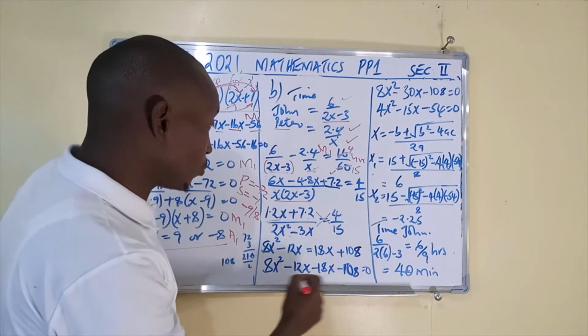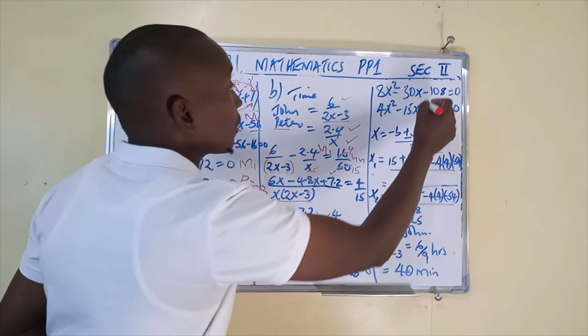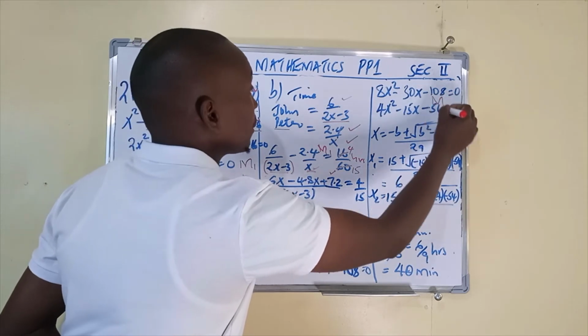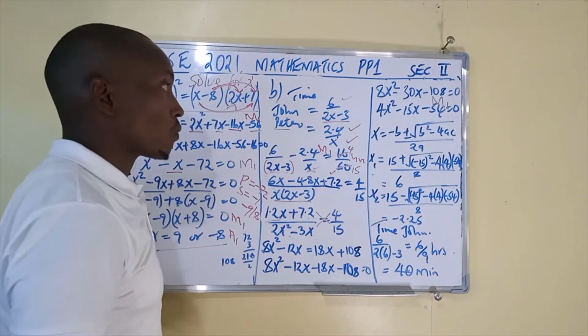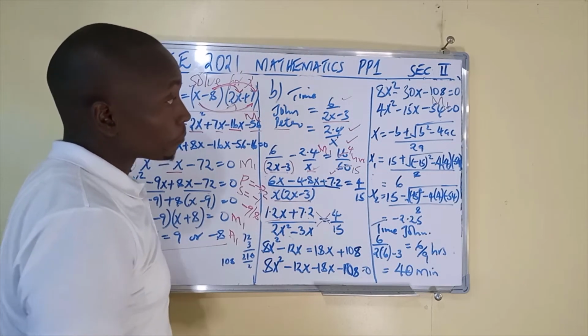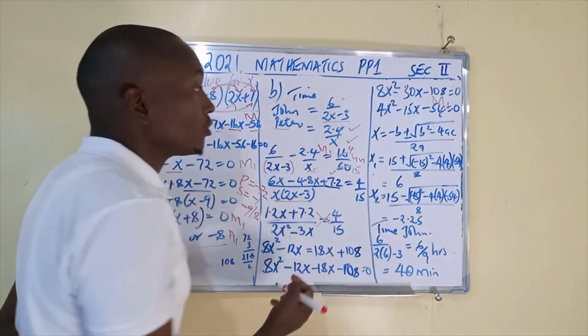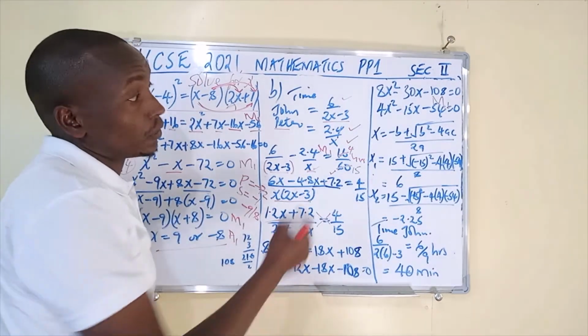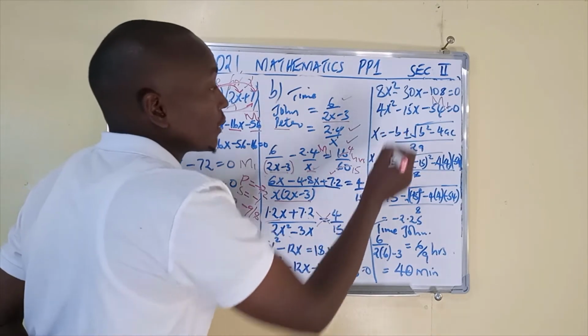If the student is able to operate this until the student ends with this equation there, 1 mark for the method. Going on, this question cannot be solved by factorization, so we go using the quadratic formula.